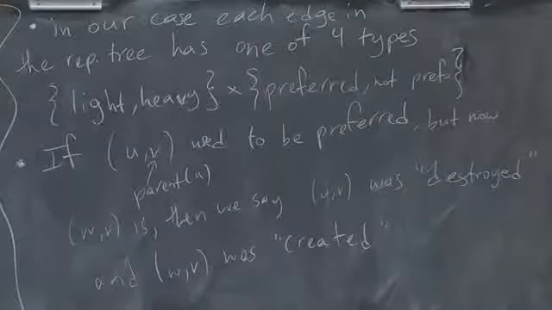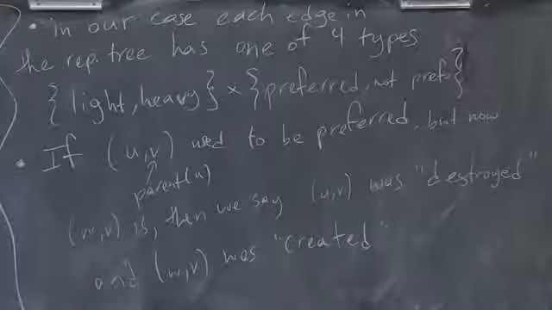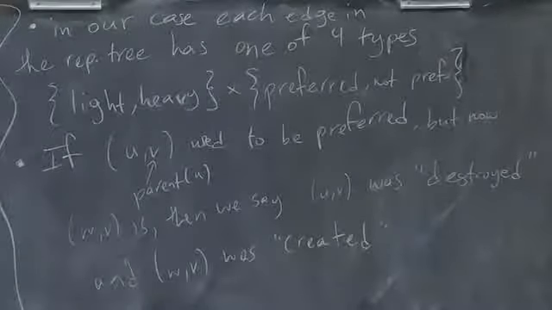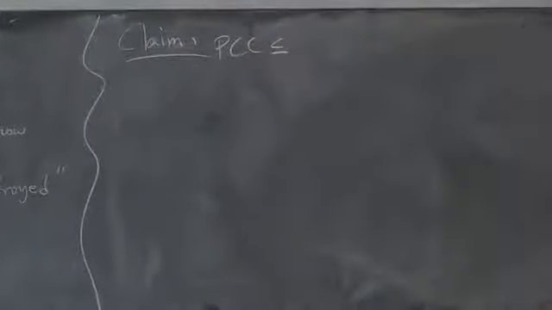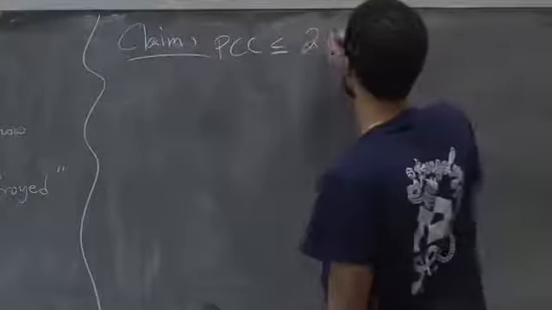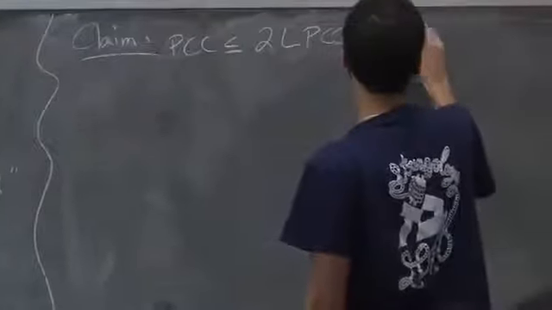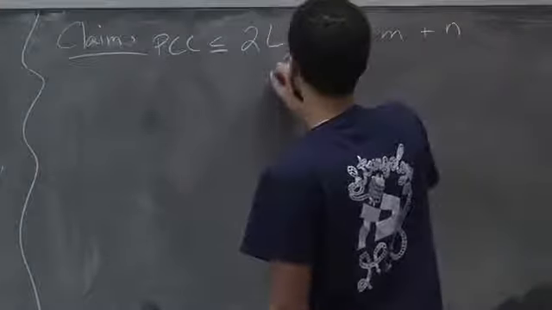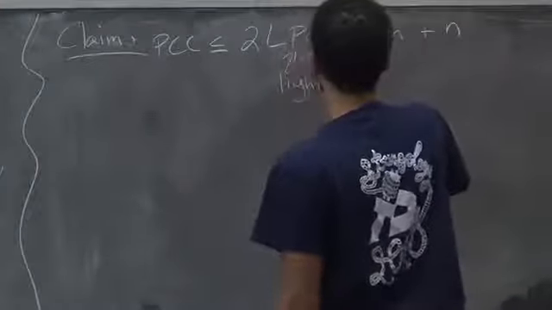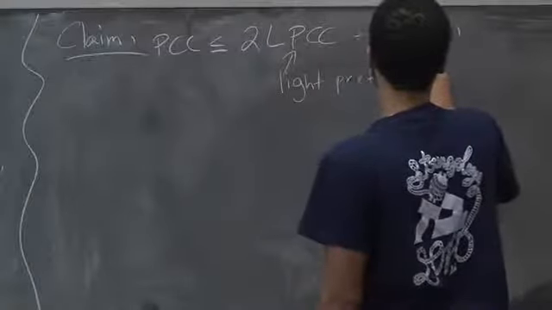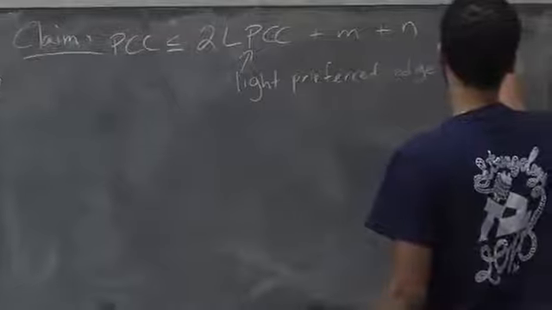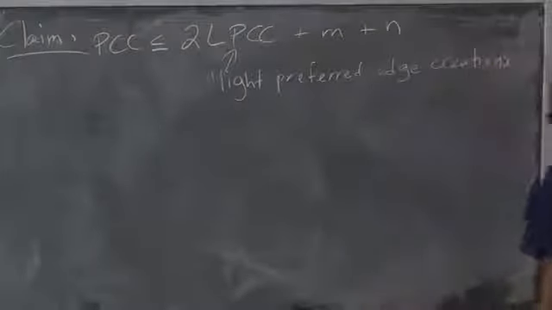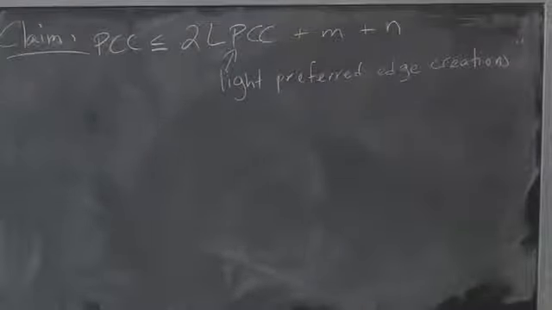So the first thing is, we want to bound PCC. So the claim is that PCC is at most, I'll define these, 2 LPCC plus M plus N, where this is light preferred child creations.